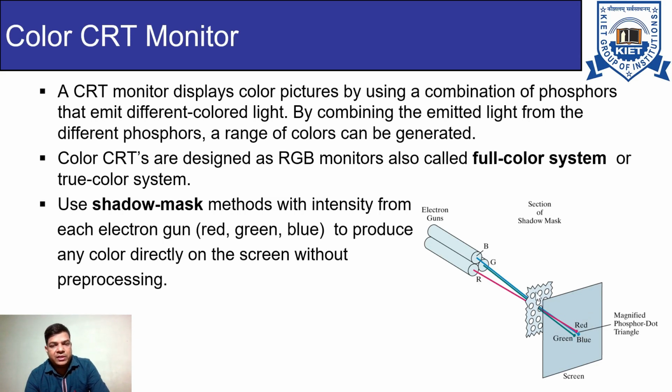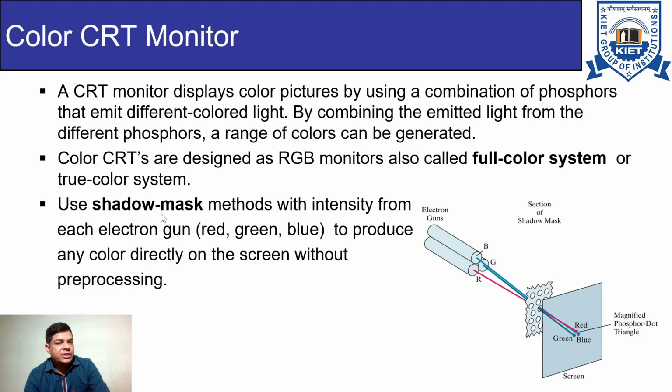And the functioning of this shadow mask is that the electron gun which is emitting red light must fall on the red spot, and the electron gun which is emitting blue light must fall on the blue, and the electron gun which is emitting green light must fall on the green dot of the triangle which is at the CRT screen. So this is the functioning of the shadow mask.